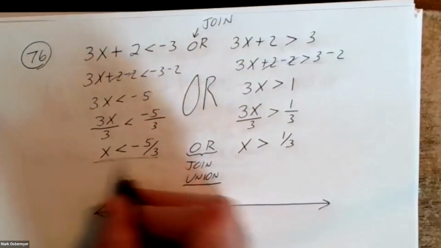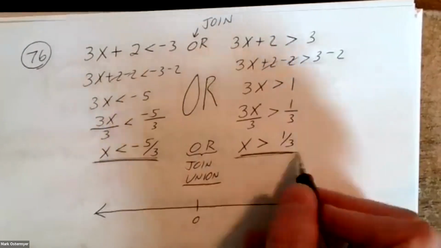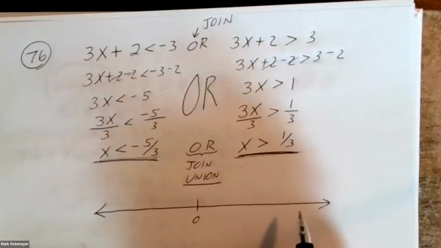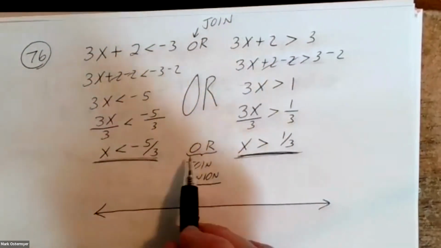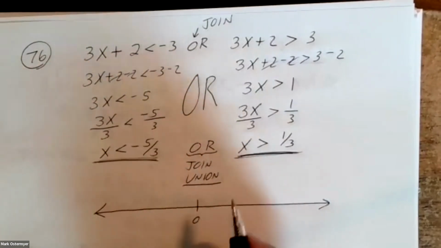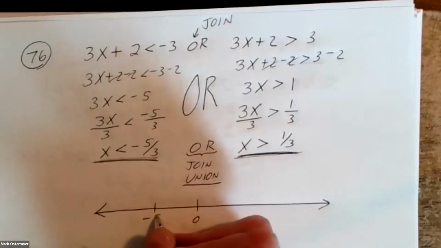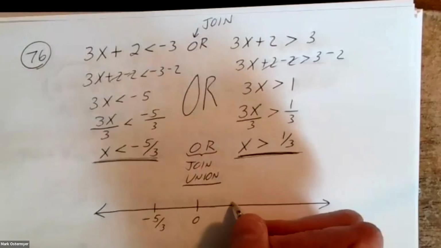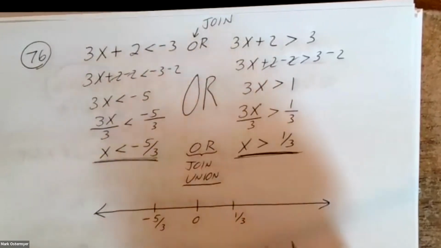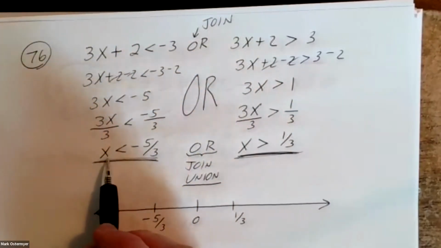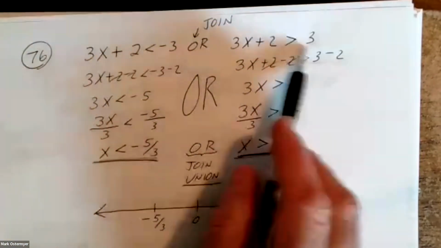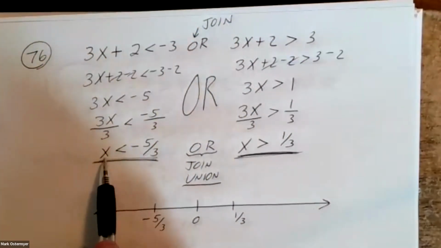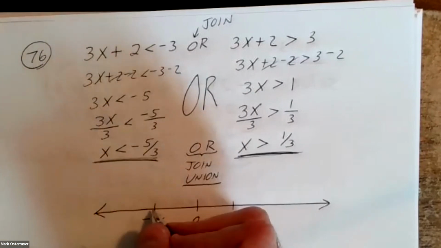We need to graph this solution set and this solution set on the number line. And the joining together of these solution sets is the word or. So -5/3, I'm going to put to the left of 0. 1/3, I'm going to put to the right of 0. So any solution to this compound or inequality would be any real number that's less than -5/3.